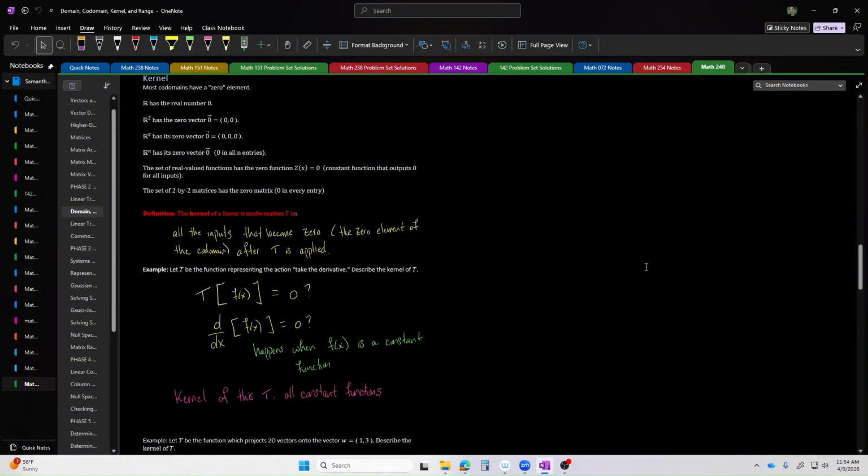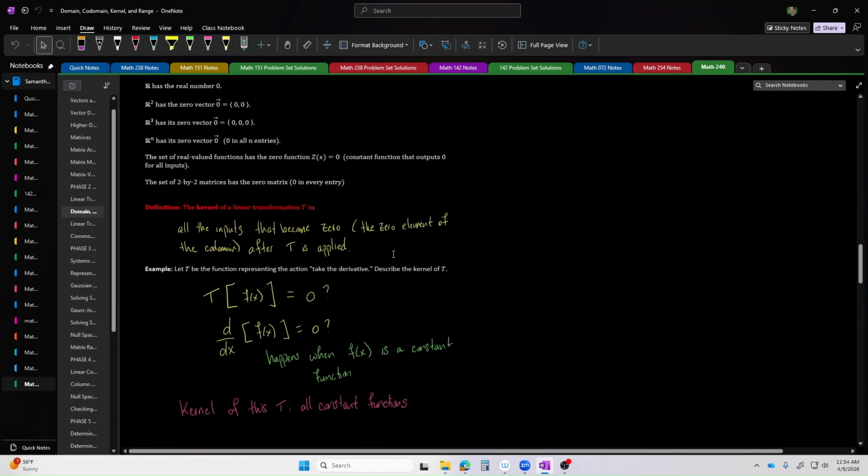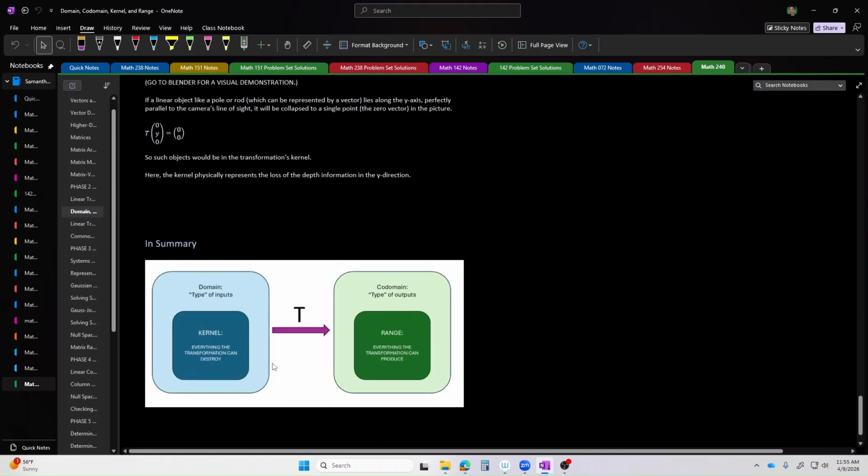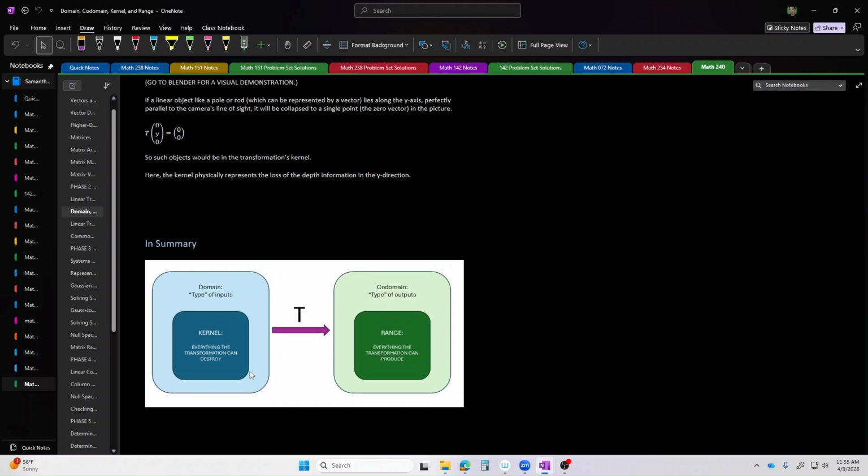We talked in this section about the kernel of a transformation, and the kernel of a transformation was, again, everything that becomes 0 after T is applied. Or in other words, everything that is destroyed by the transformation, all the data that is lost, all the data that is compressed when the transformation is applied.